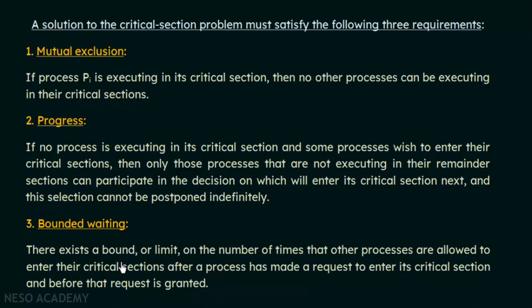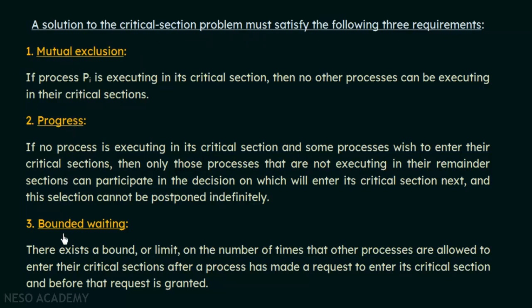So we will have a bound or a limit on the number of times that other processes will be allowed to enter their critical section if one process has already requested to enter its own critical section but the request has not yet been granted. So that is what we mean by bounded waiting. These are the three requirements that we have for the solution to the critical section problem.